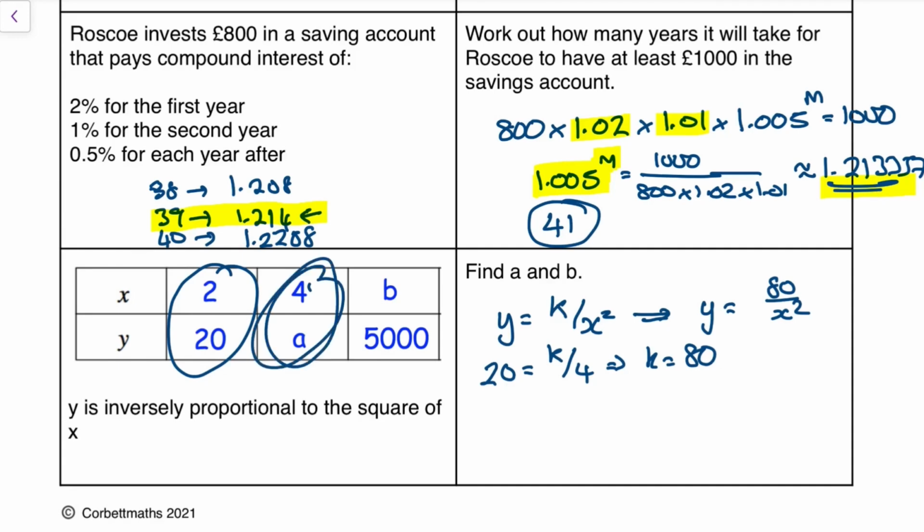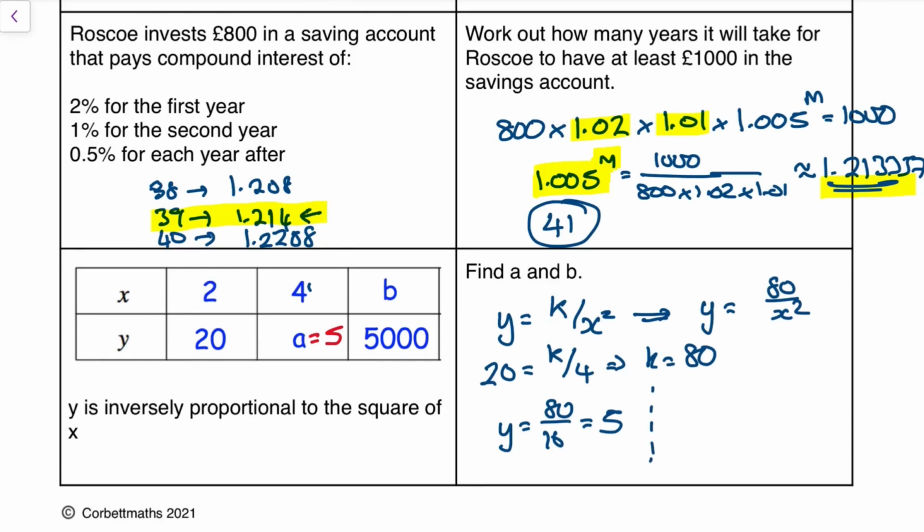Let's now look at these two numbers here. So using those numbers and putting them in, y is equal to 80 over 4 squared, which is 16, which is 5, which means my a is equal to 5. Then I can do it the other way around.